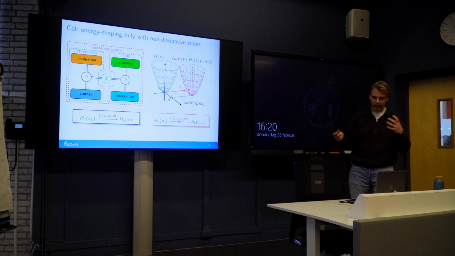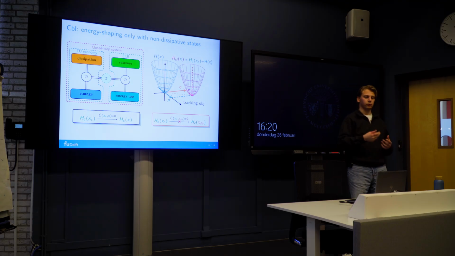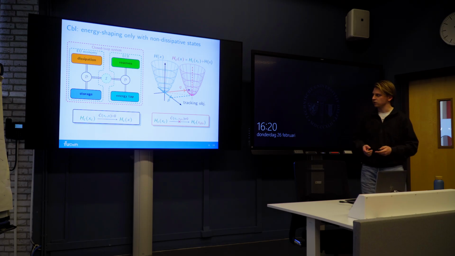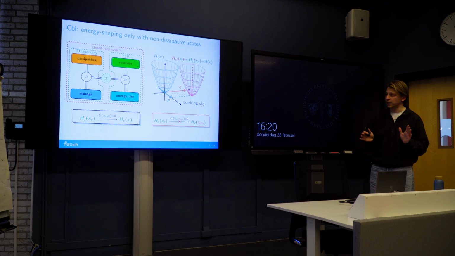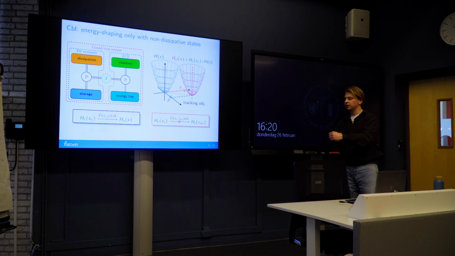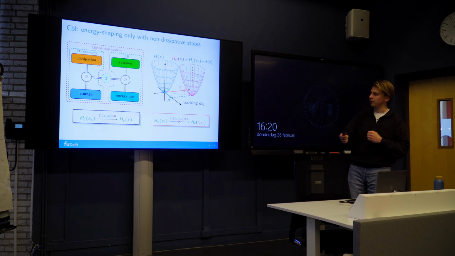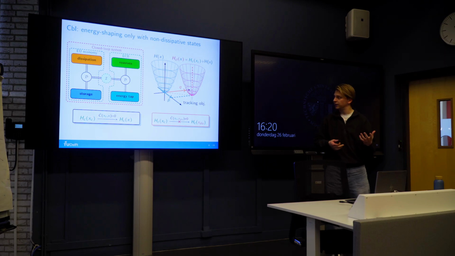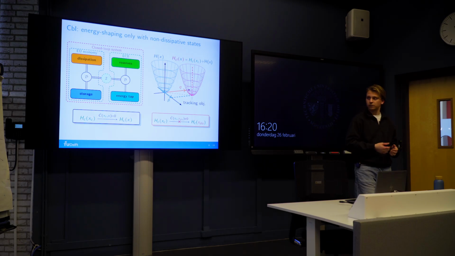So we need to relate the system states and the control states. And for that, we need a function. Let's call it function C. And suppose that function does not change. Well, if that is the case, then I can algebraically shift things around and express my controller states, xc, in terms of the system states.